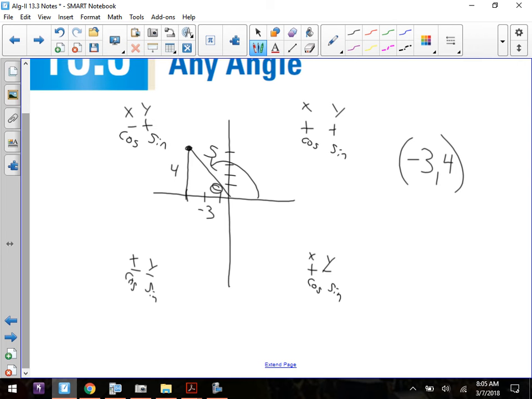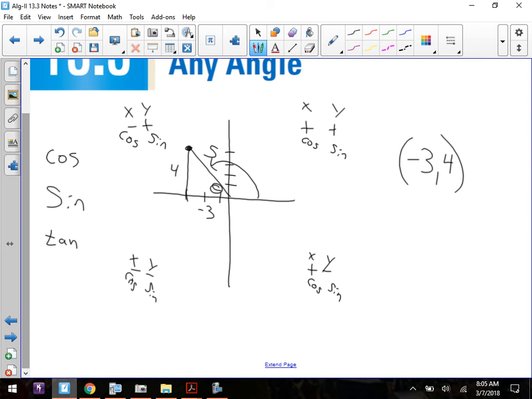If you think about that, we have cosine, sine, and tangent. Now, I'm doing them in alphabetical order, instead of sine, cosine, tangent, because if you start thinking that x's come first, I always think it's a little cleaner. Cosine is adjacent over hypotenuse.